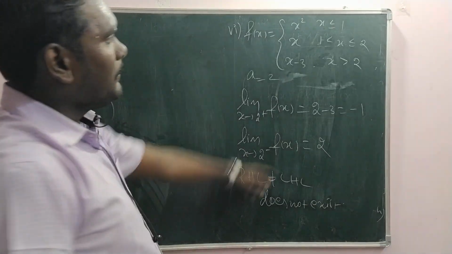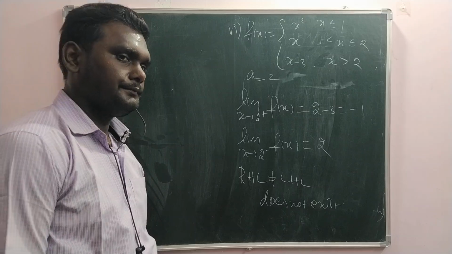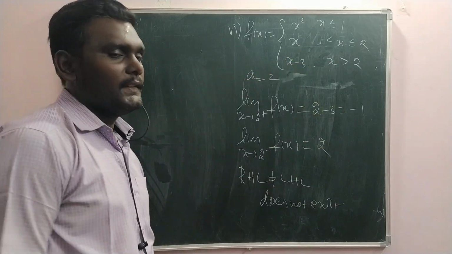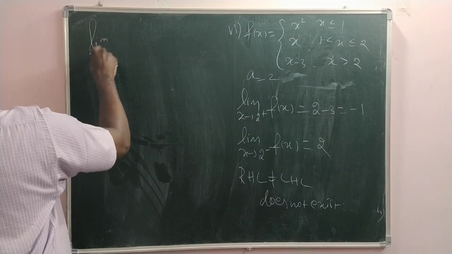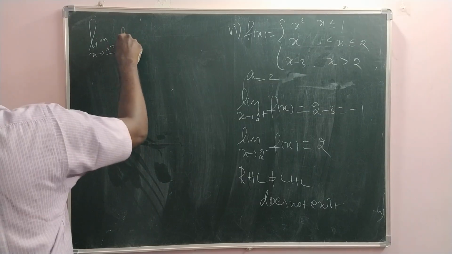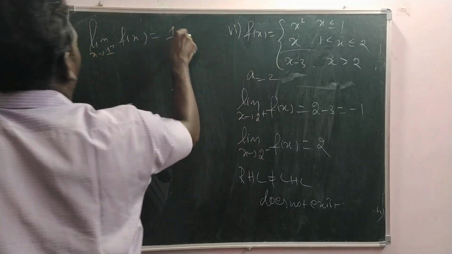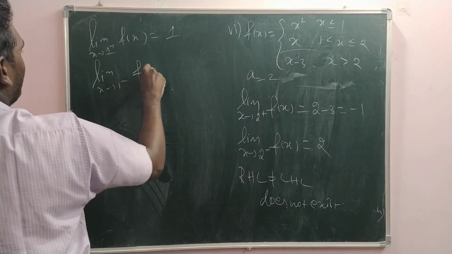Okay. And what about the point 1? Yes, at 1. Whether the limit exists or not. Why? X approaches 1, what is it? 1 plus means more than 1. Where is the result? This one. So 1 is the answer. X approaches 1 minus.